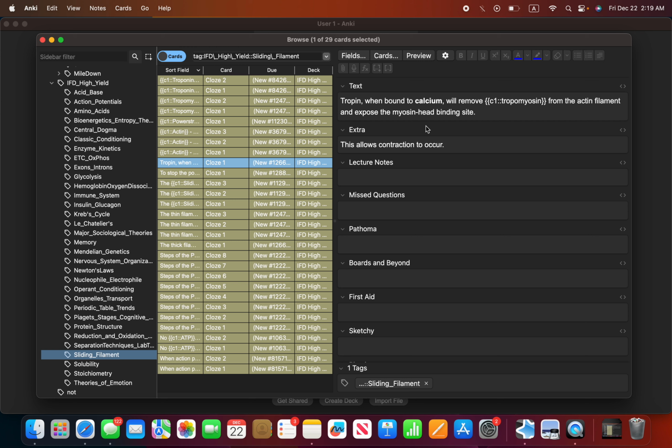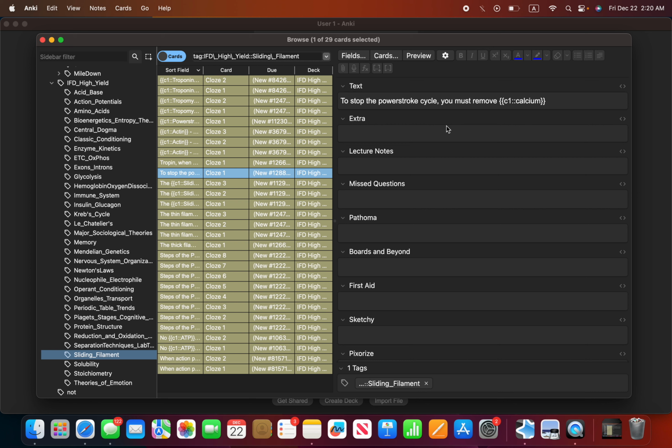So it will be removed and expose the myosin head binding site. When the binding site of the myosin head is exposed, this allows for contraction to occur. Then you have contraction, right? If you want to stop the power stroke cycle, you must remove calcium.